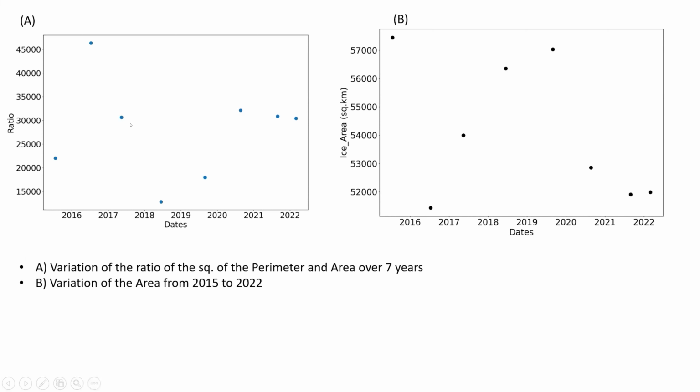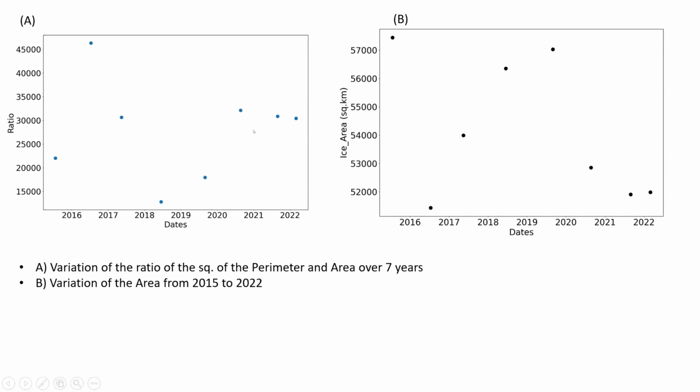Here we can see that in 2016 to 17, the number of icebergs in the disintegration was higher; small fragments were high, but still it has a low area. So we can say that our ratio has worked efficiently to find the number of fragments in that zone.